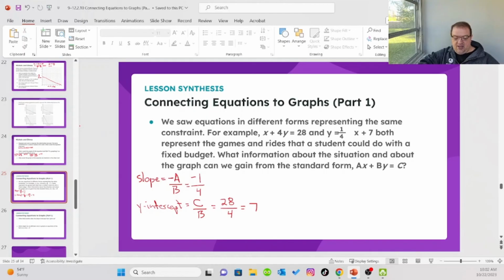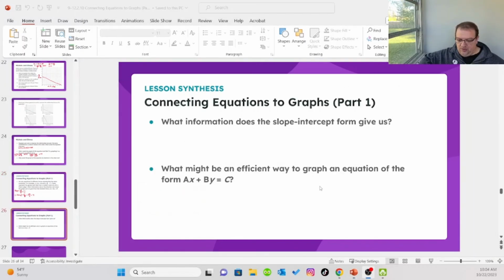So ax plus by equals c will tell us our slope if we remember that slope is negative a divided by b. And it will tell us our y-intercept if we remember that c divided by b is our intercept. What information does the slope-intercept form give us?